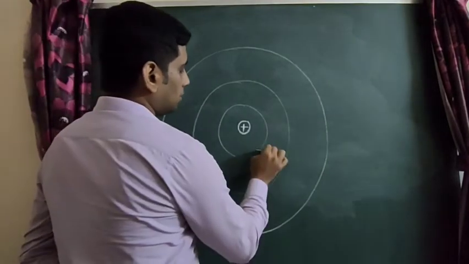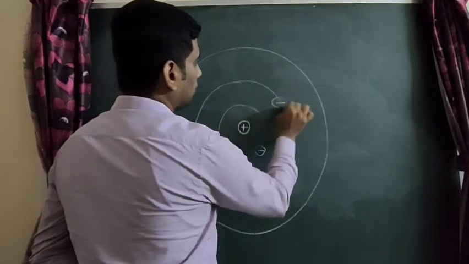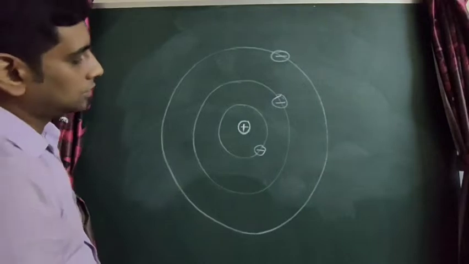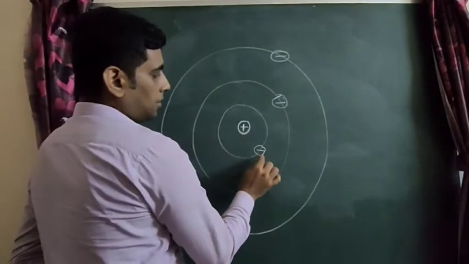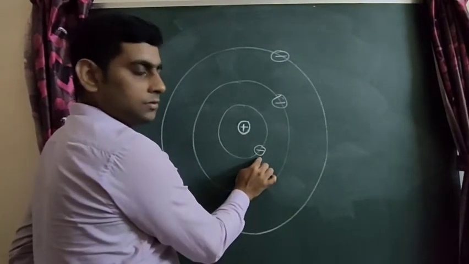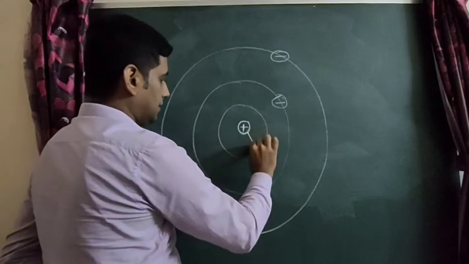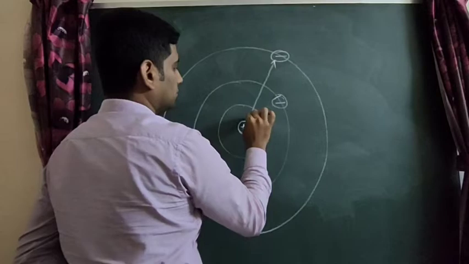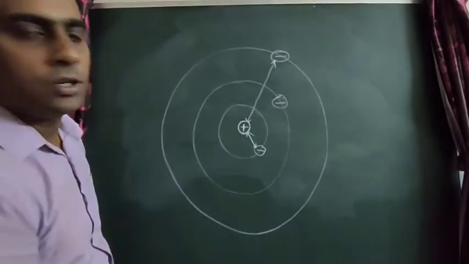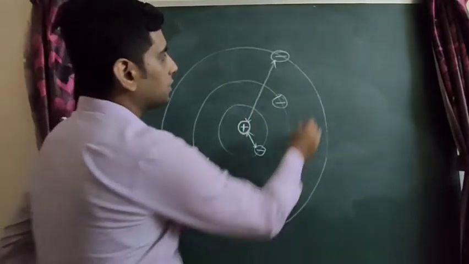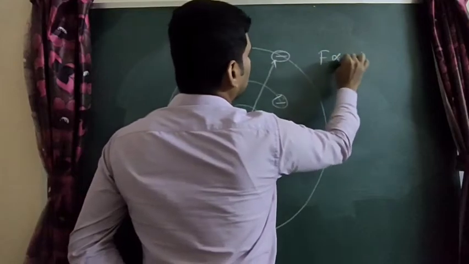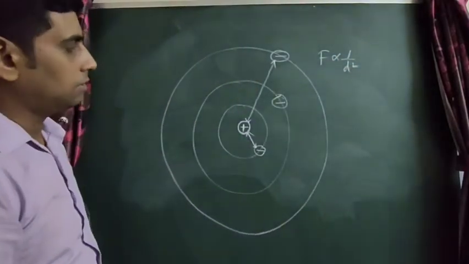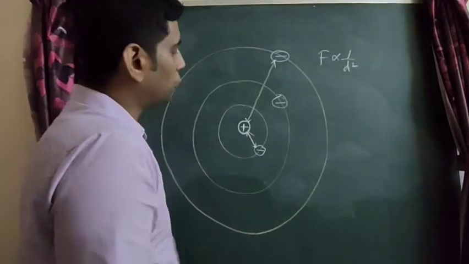For example, suppose here one electron and here one electron. Now the distance of this electron is less compared to the distance of this electron from the nucleus. So from Coulomb's law, the force acting between charged particles is proportional to 1 by d square, the inverse square law. Means if the distance is less, force will be more.